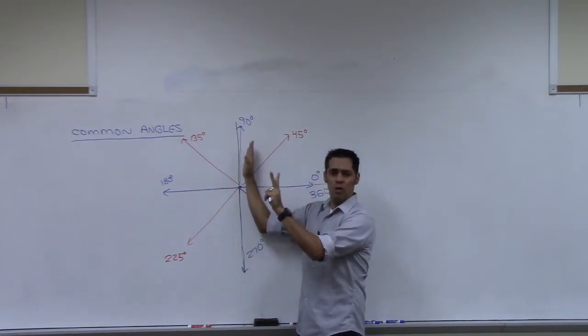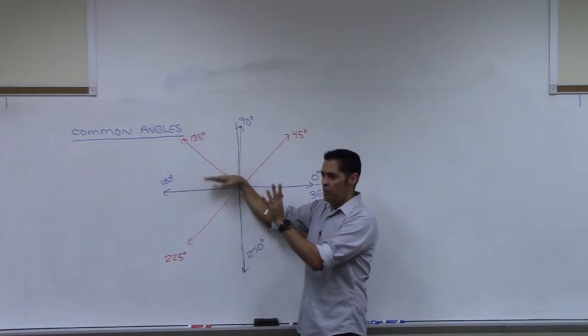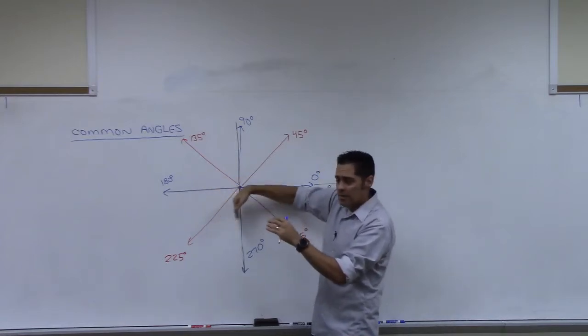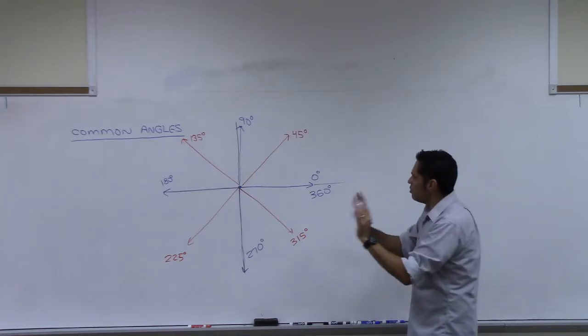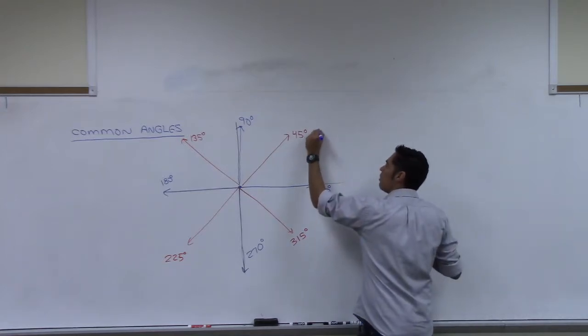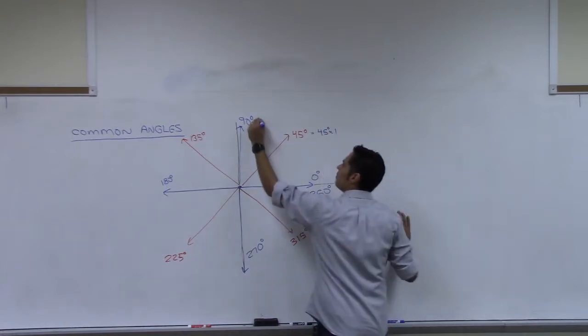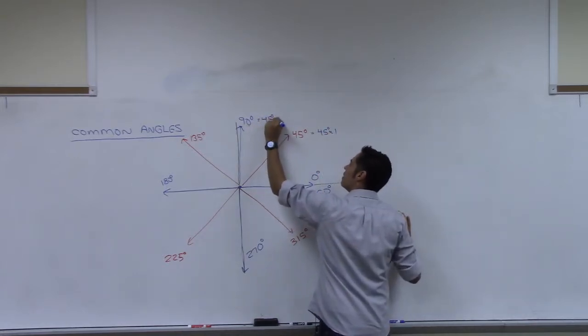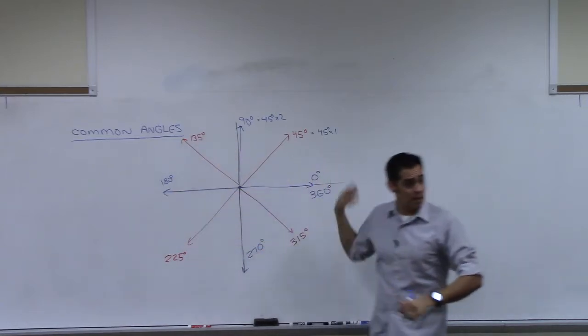This is 2 rotations by 45 degrees. This is 3 rotations, 4 rotations, 5, 6, 7, 8. Agreed? So we're not going to do this, but I want you to understand, you could write this as 45 times 1. This could be 45 times 2. 45 times 3, times 4, times 5, right? I could do that.